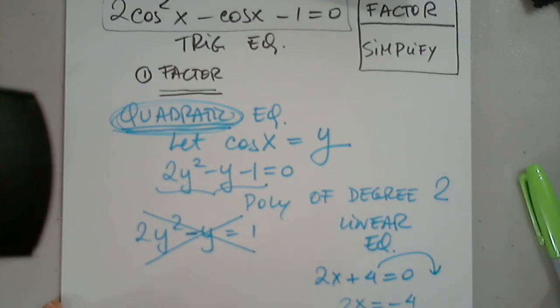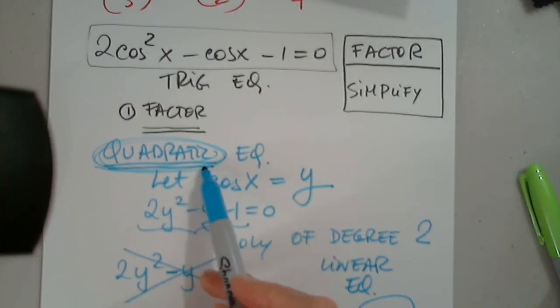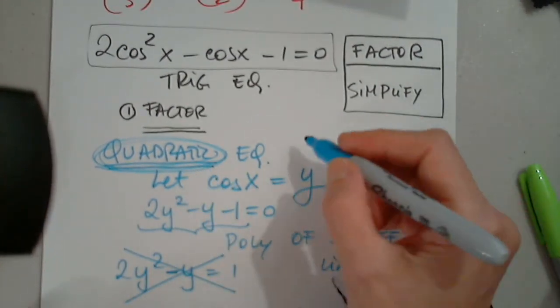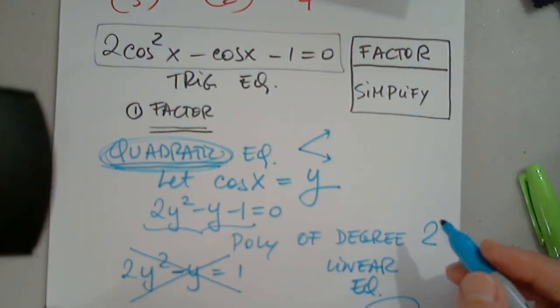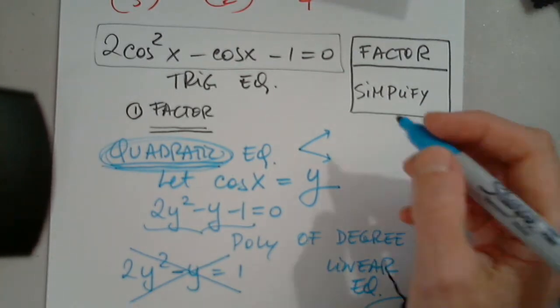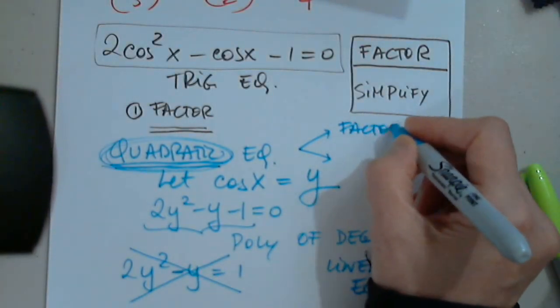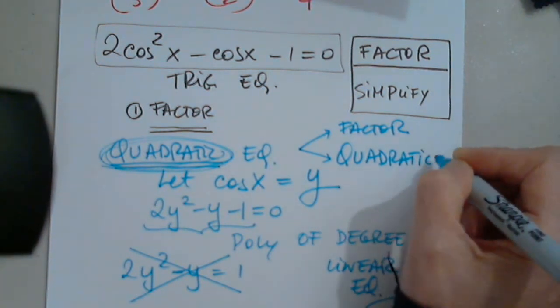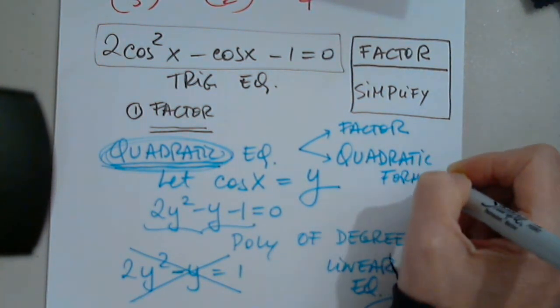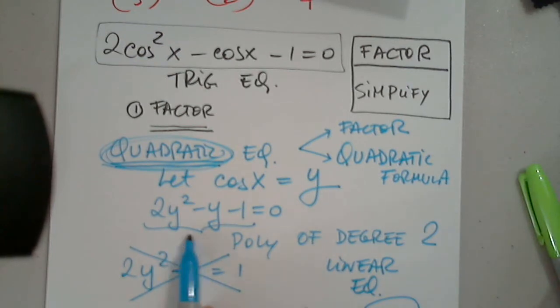There are several methods for solving a quadratic equation: we can graph, and so on and so forth. But it's either factoring or the quadratic formula. So we don't have this option.